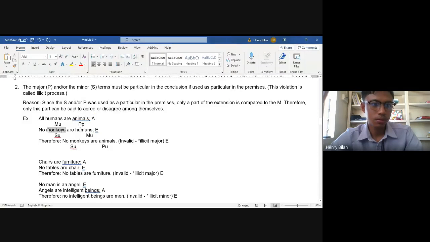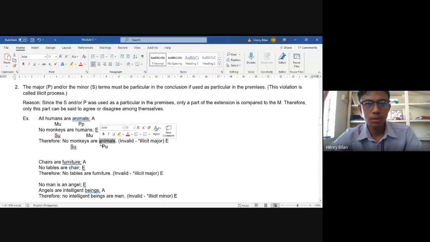Ito, universal, distributed. The same here. It is also distributed. So tignan natin yung major term natin na sinasabing illicit. So our major term is animals.